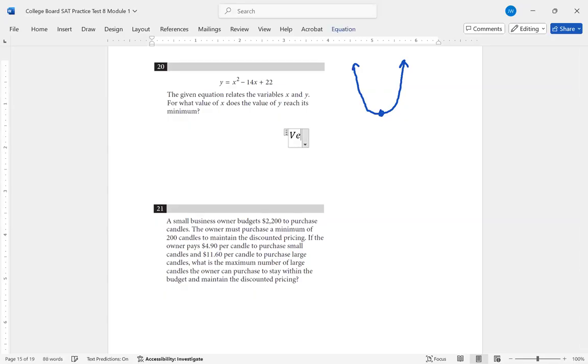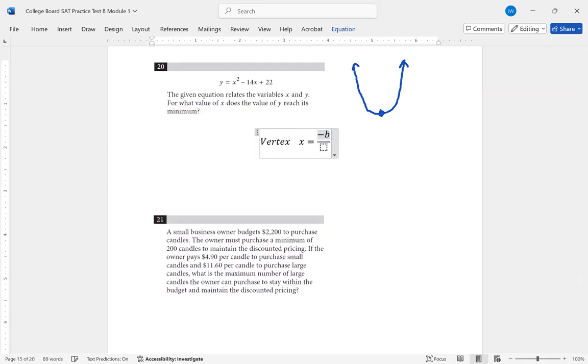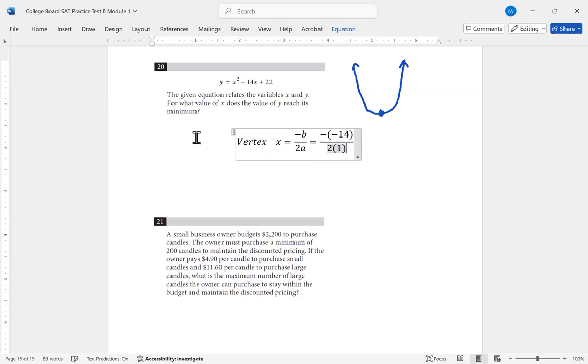We know that the vertex has an x value, which is opposite of b over 2a. In this case, the b is a negative 14. So we're taking the opposite of negative 14 divided by 2 times a, or 2 times 1. That's going to give me 14 over 2, which is 7.